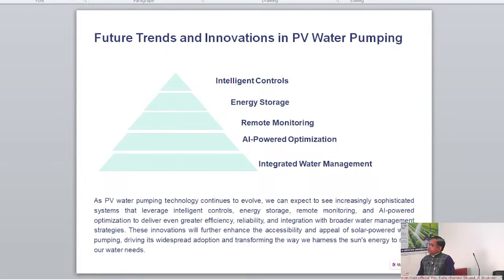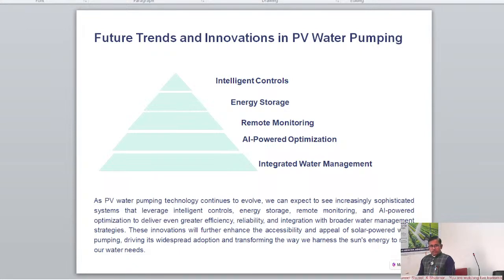So PV water pumping technology continues to evolve. We can expect increasingly sophisticated systems that leverage intelligent control, and with the help of Wi-Fi you can access these things or control them remotely. So remote monitoring, energy storage, and AI-powered optimization are the advancements.